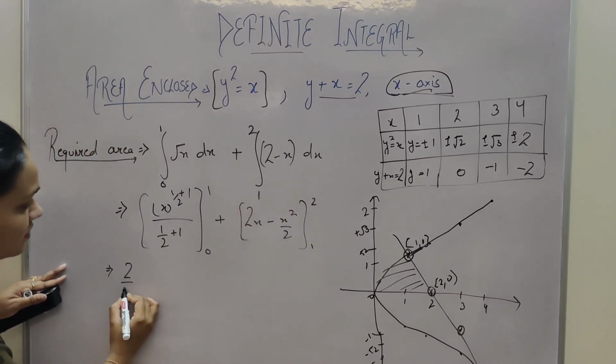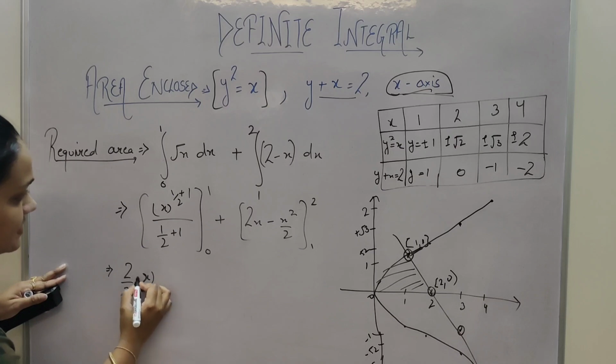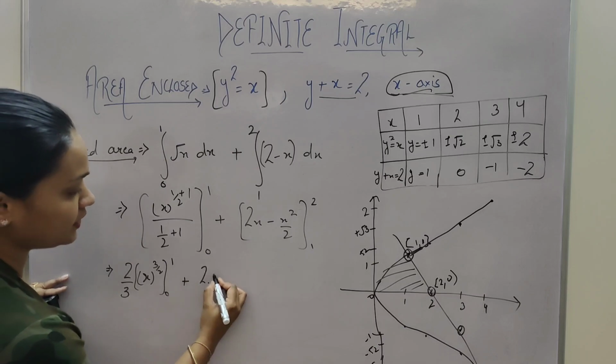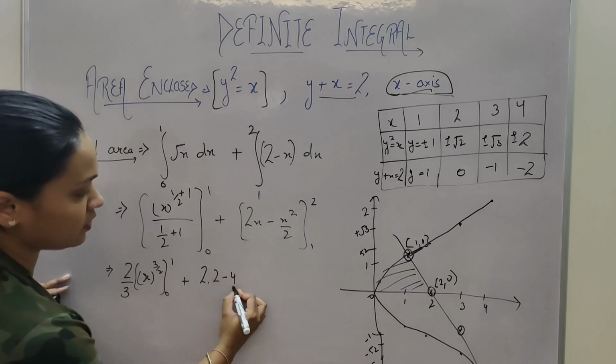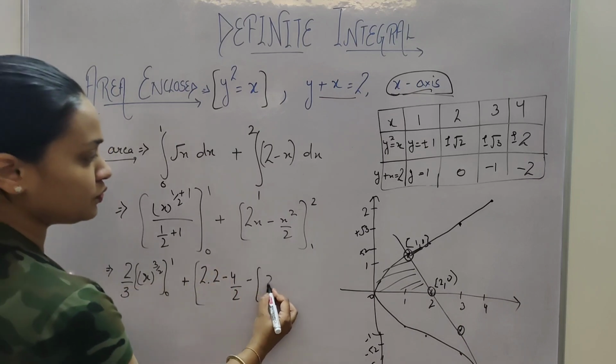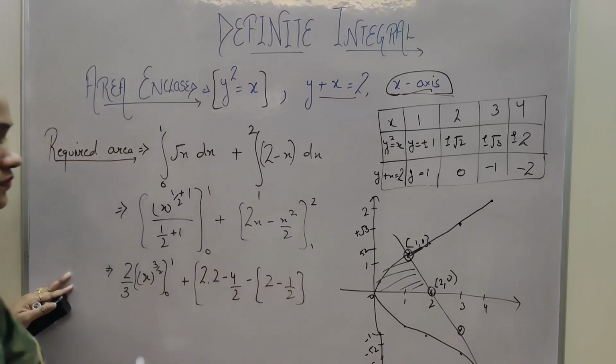Putting the values, x to the power 3 by 2 upon 3 by 2 between 0 to 1, plus 2 into 2 minus 4 upon 2, minus 2 minus 1 upon 2.